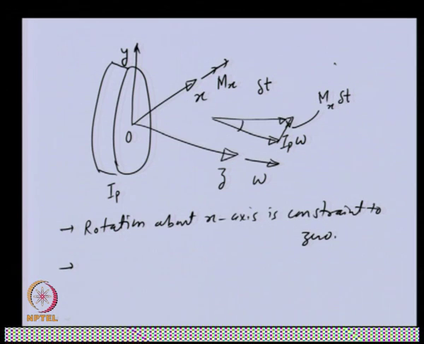Now, this particular angle is the small tilt of the disc about y axis. So, this is in the positive y direction, this is the tilt of the disc about y axis because of the change in the angular momentum.